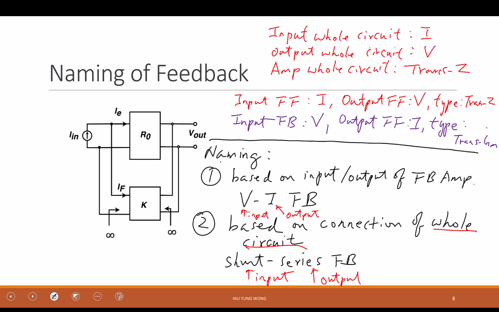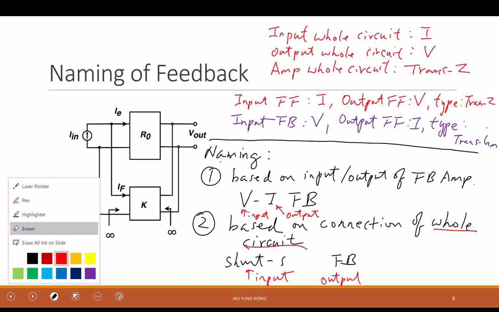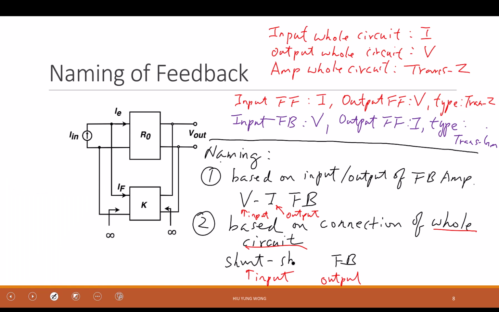No, shunt is correct. What is the second one? I did not look. Now when you say this, I realize I'm wrong. What should be the output? Is it a series or parallel connection? Parallel, right? You just look at the drawing, it is parallel. So I'm sorry for that. So this is a shunt-shunt feedback.